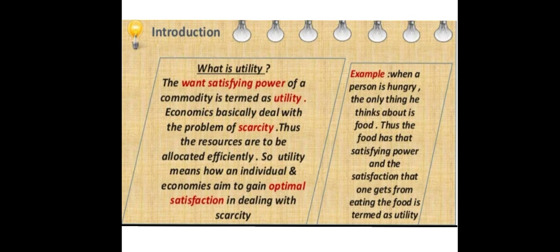You are hungry, you consume a chapati. The satisfaction derived from eating that chapati is your utility. Simple, right? Another example: suppose you are thirsty and you consume one glass of water. That glass of water will give you some satisfaction, and that is known as utility.